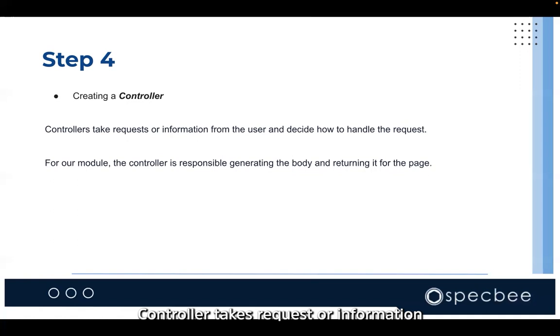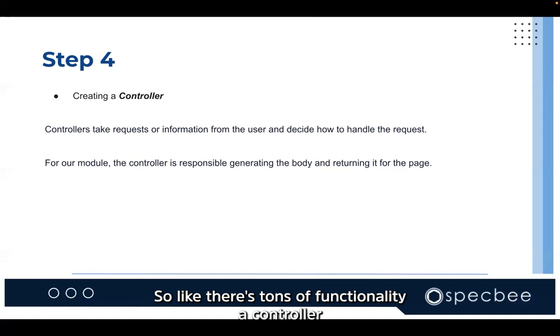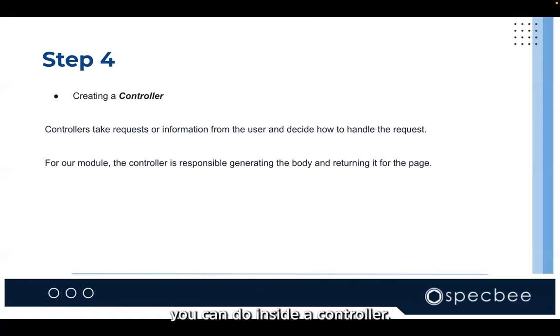A controller takes the request or information from the user and decides how to handle it. It can perform one or more actions, and it can also return different types, and so on. There's a ton of functionality you can do inside a controller. For our module, the controller will be responsible for generating the body and returning it for the page.